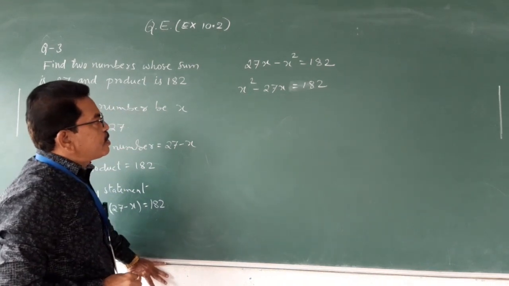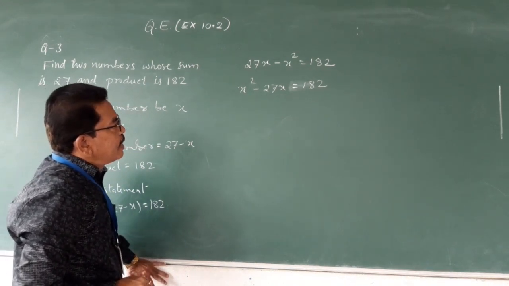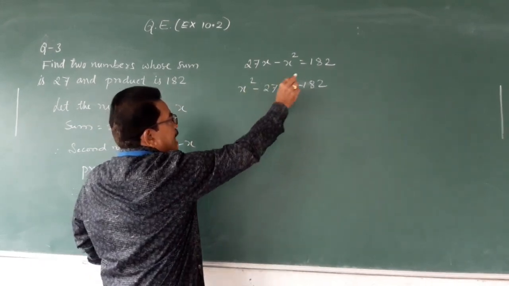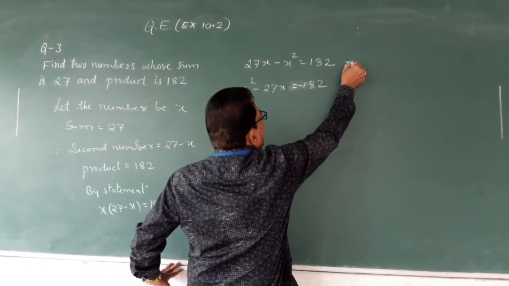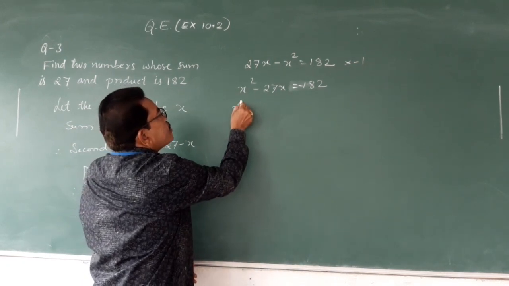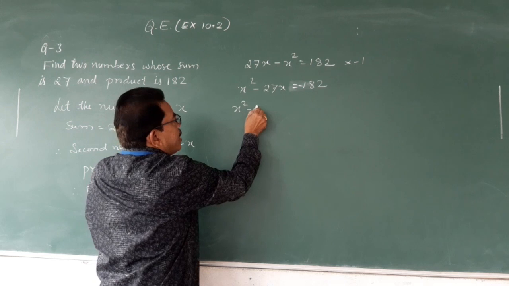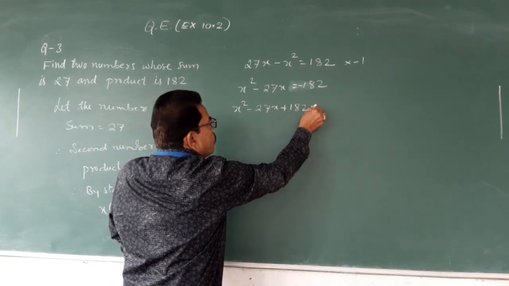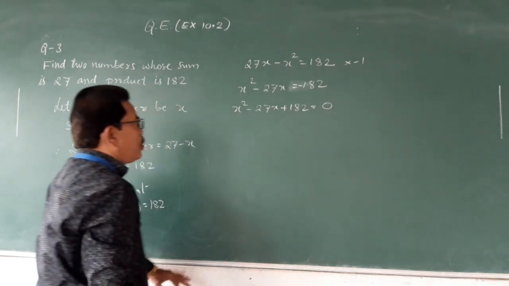So x square minus 27x minus 182 by sign changing, or multiplying by minus 1. Now x square minus 27x plus 182 equals 0.